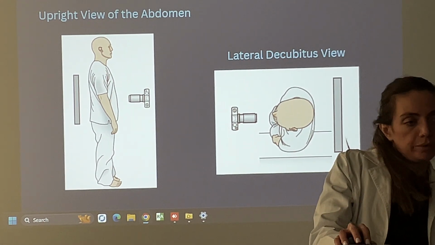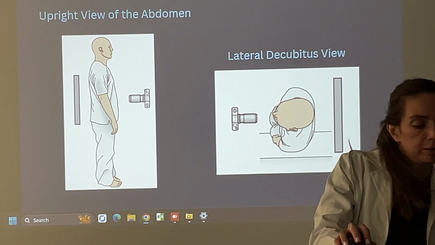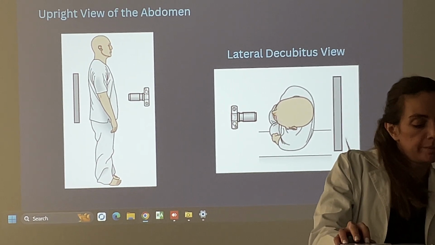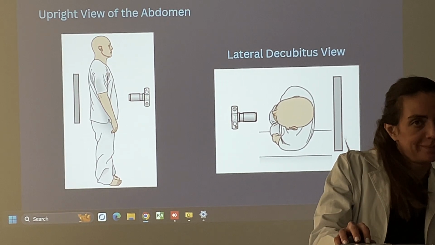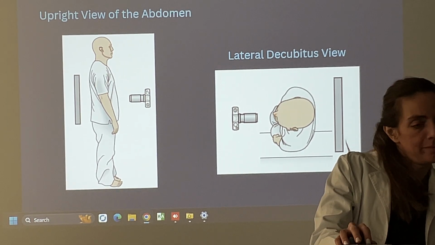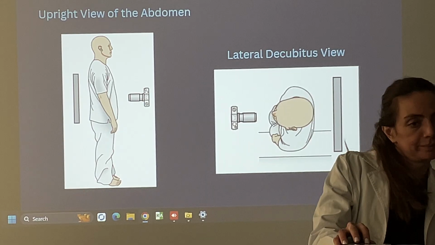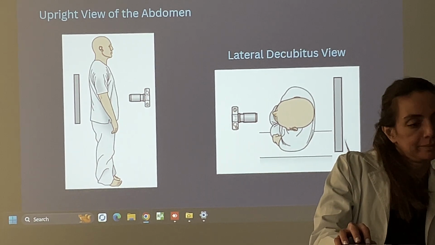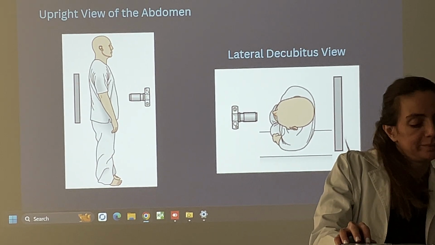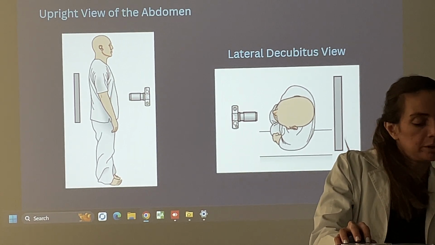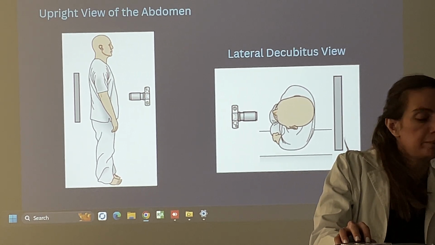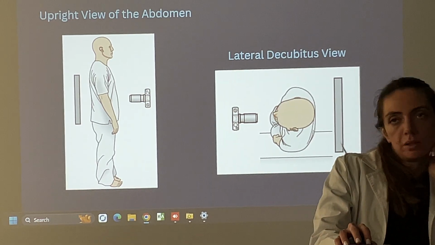So, upright view of the abdomen, what is it good for? Free air. Would you be able to see free air in the supine position?